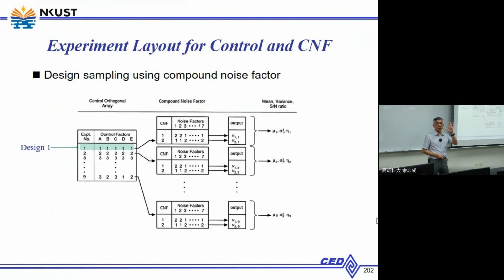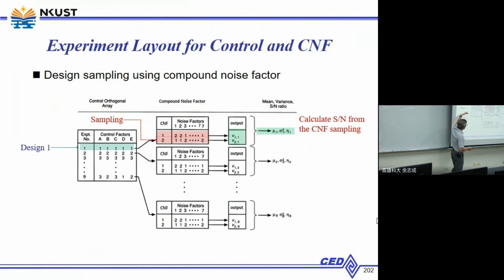Therefore, you can see each design will have 2 samples, first level and second level. We apply this noise on this design and get the 2 sample outputs. From these 2 sample outputs, we can get the average, standard deviation, and noise SN ratio.